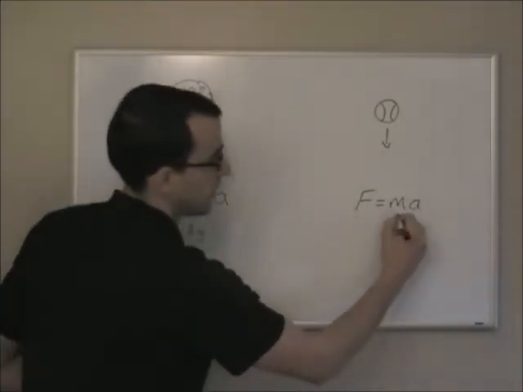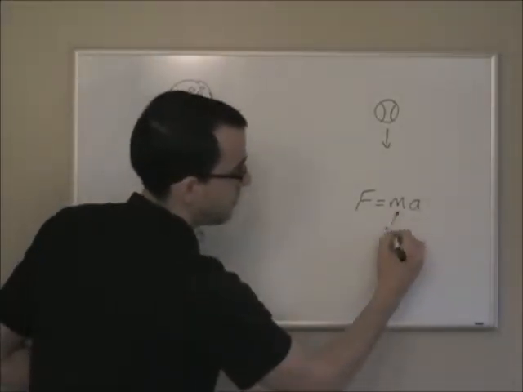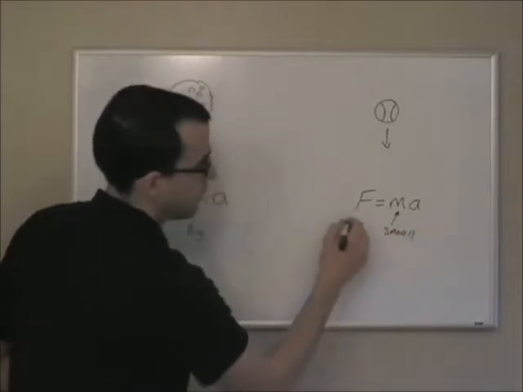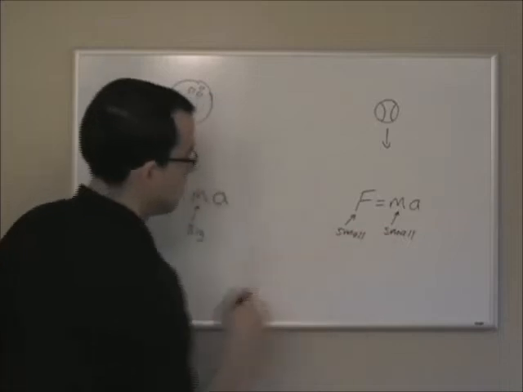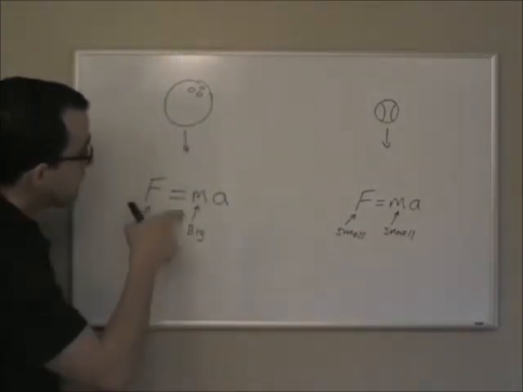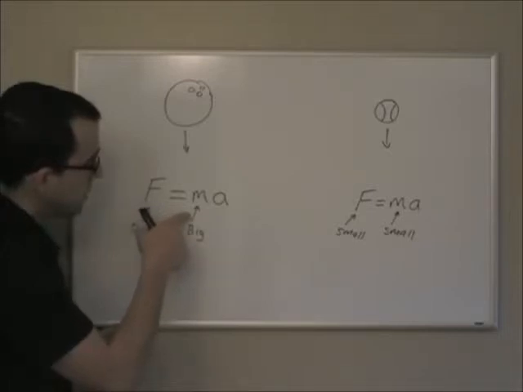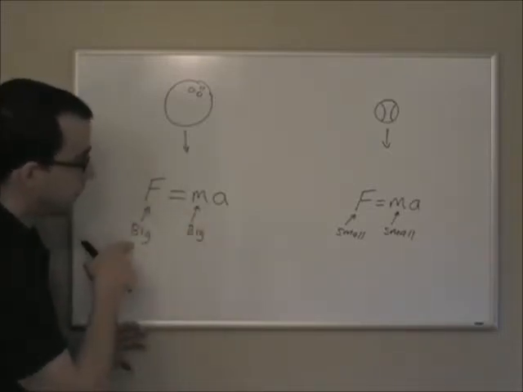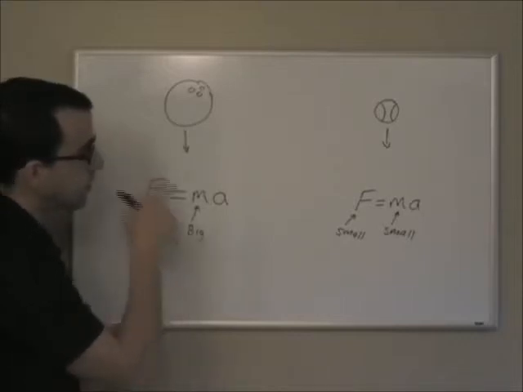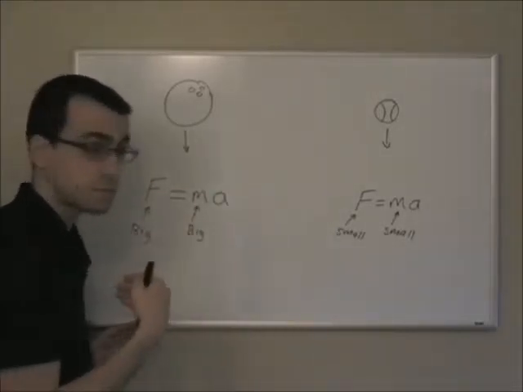And then we're also saying that the mass of the baseball is small, and therefore that makes the force in this equation small. And so even though this bowling ball has a bigger mass, it is going at the same acceleration. But we see that the force is bigger on the bowling ball than it is on the baseball.